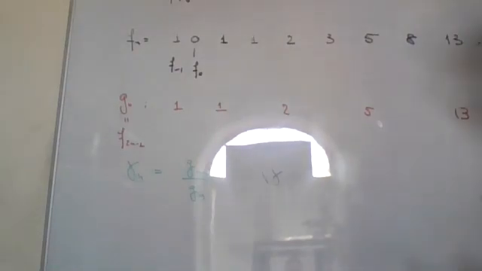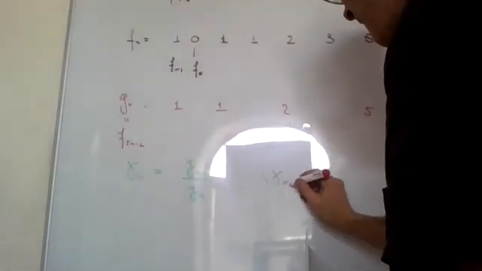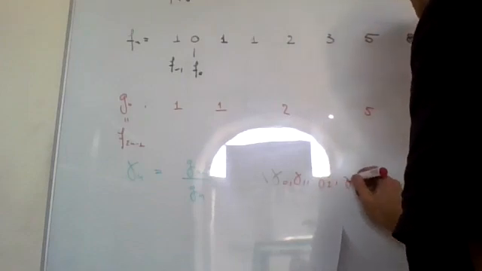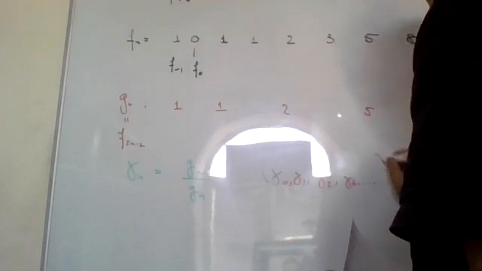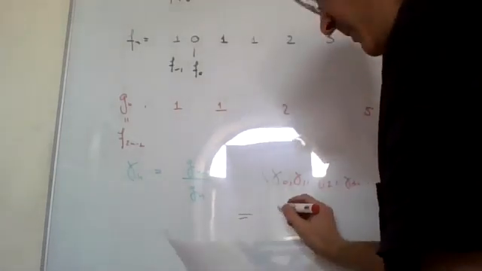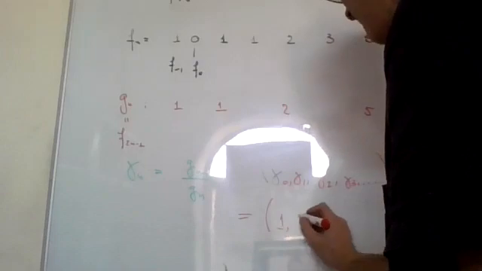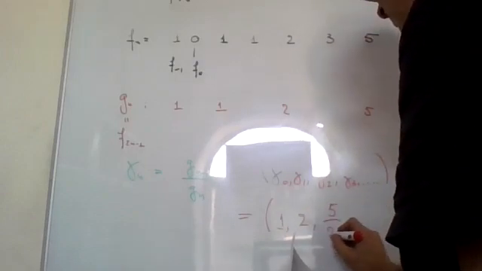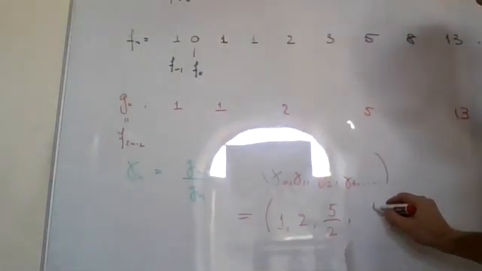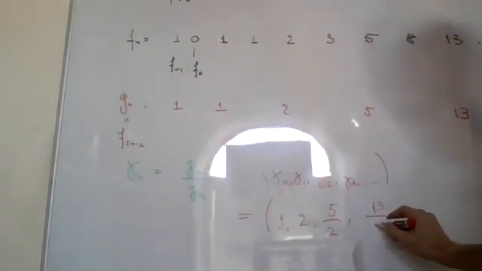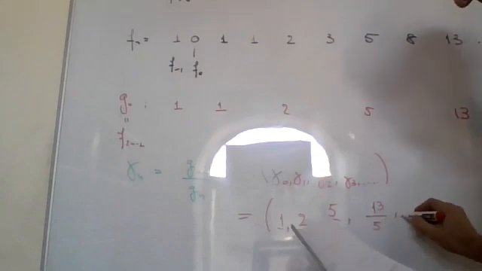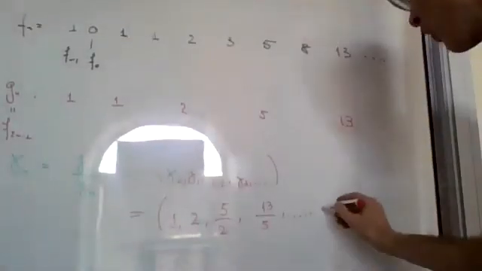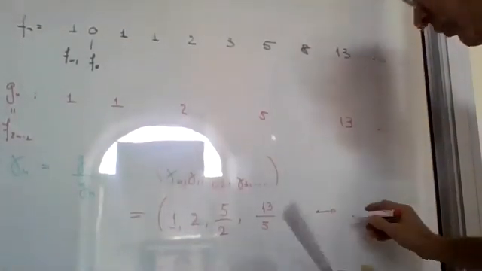Gamma 0, gamma 1, and so on, is 1, 2, 5 over 2, 13 over 5, and so on. And this sequence of numbers is monotone increasing and goes up to tau squared.